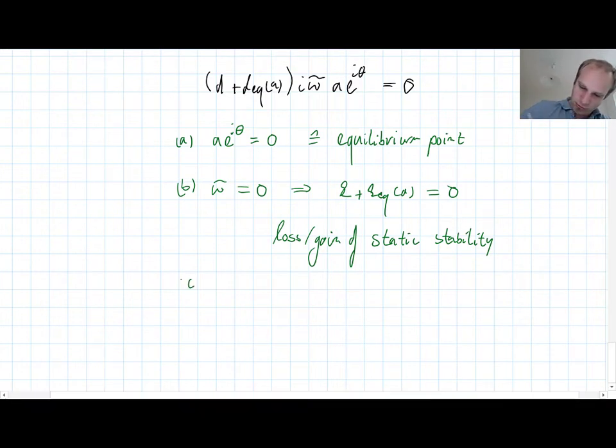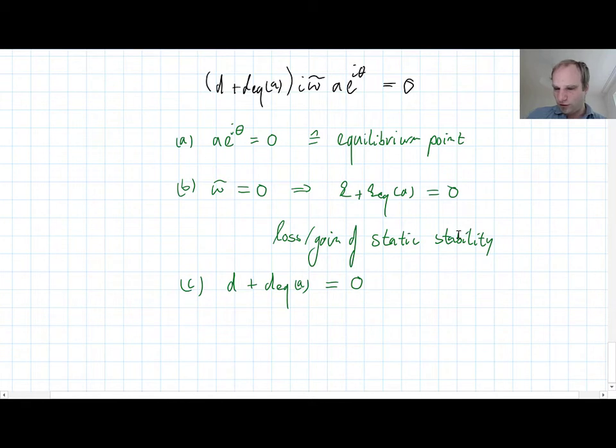And the third option, and this is actually the most important one for what we do in the following, is that the sum here of d plus d equivalent, so the overall effective damping, vanishes. And this is actually a change of stability.